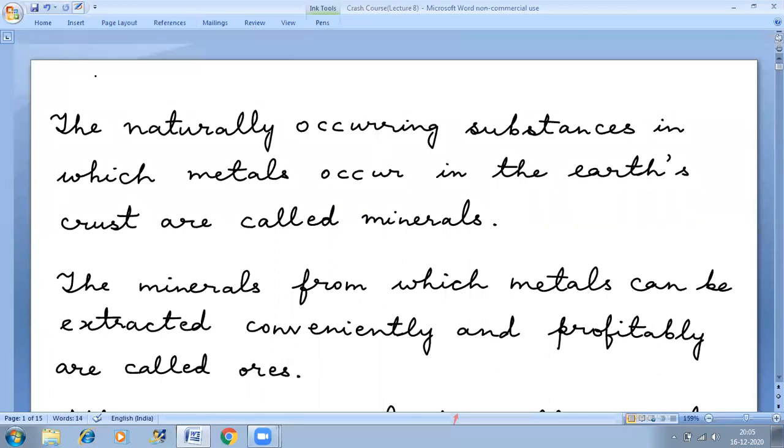Last time we completed the formation of an ionic bond between a metal and a non-metal. We saw the reactions of non-metals, we saw the reactions of metals, we saw the reactivity series of metals. Now we start with the process of obtaining the metals from the natural sources or deposits found.